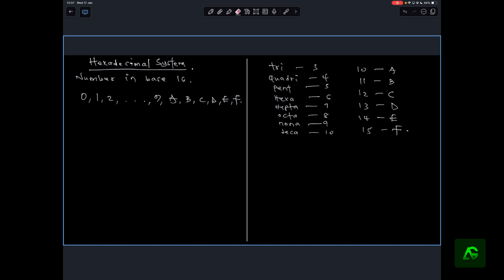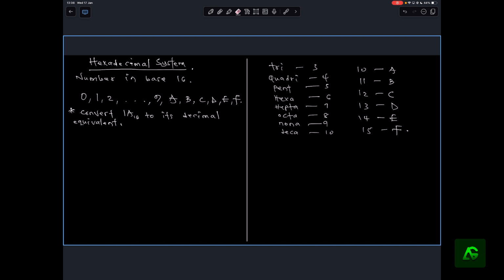So for instance, let's say we have this question that says, convert this hexadecimal number 1A in base 16 to its decimal equivalent. That is what we want to do.